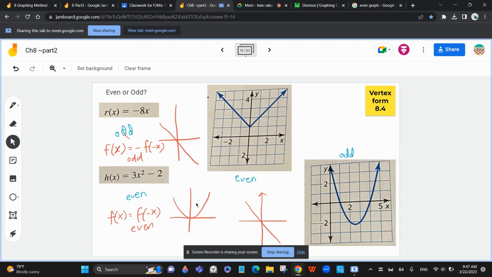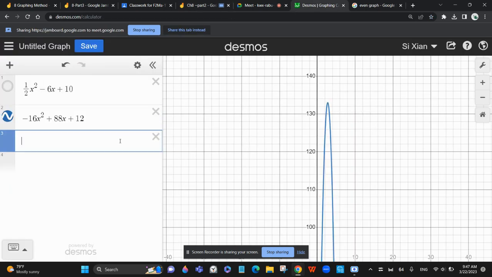So what I mean by symmetry through the origin is, let's open this graph, negative x.